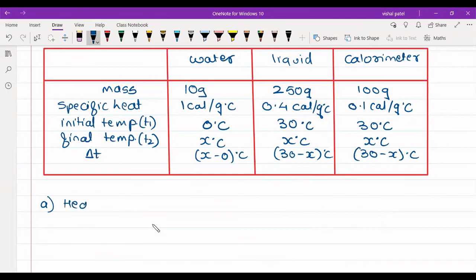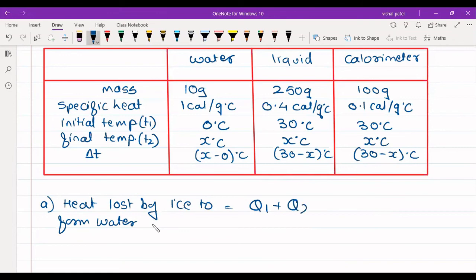Okay, now see what I'm writing. Heat lost by ice to form water. Same thing, students. Now first it will be Q1 plus Q2. Let me write over here so that you will understand.